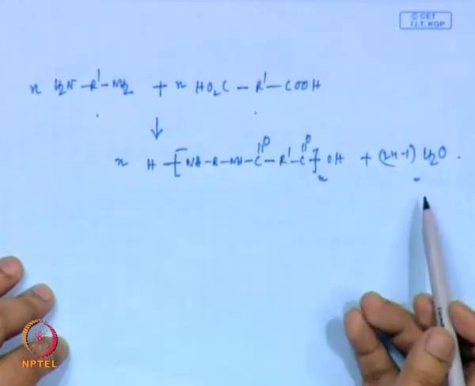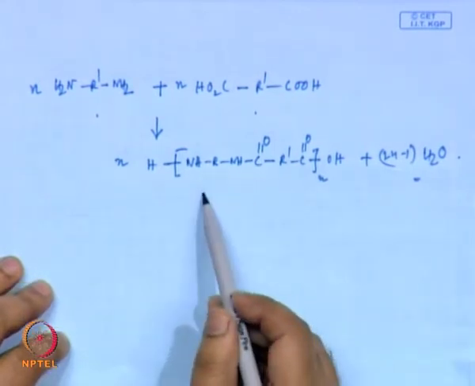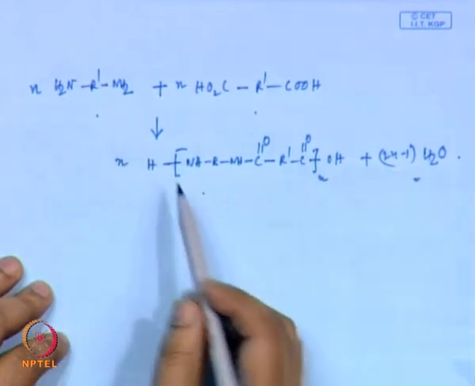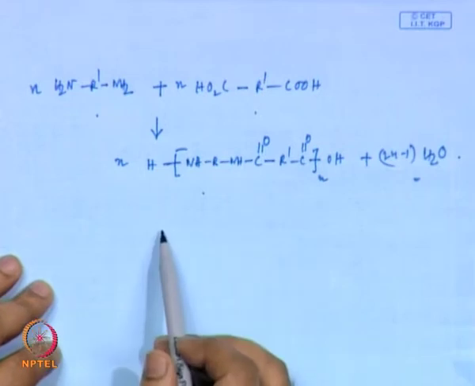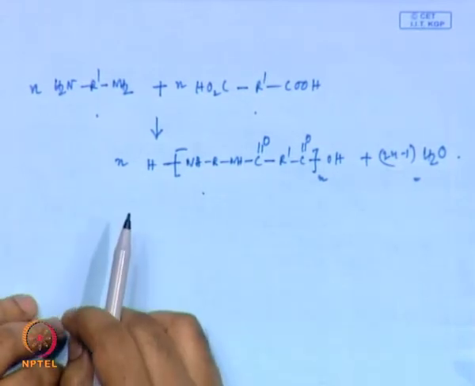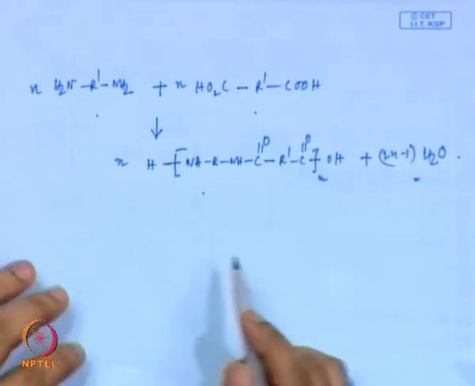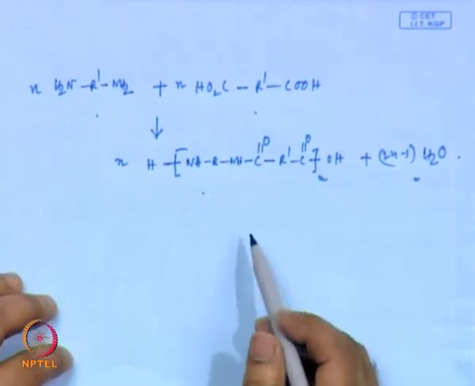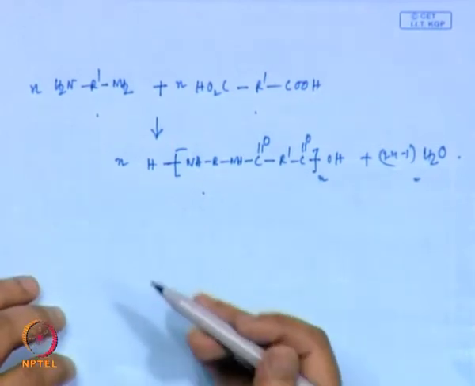You can land up in the same polymer along with different small molecules, or these polyamides can be synthesized by self condensation of amino acids, which will make polypeptides. So, the same type of polymers, in this case polyamides, can be synthesized by different sets of monomers or self condensation of these amino acids.